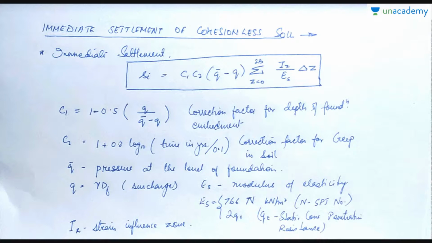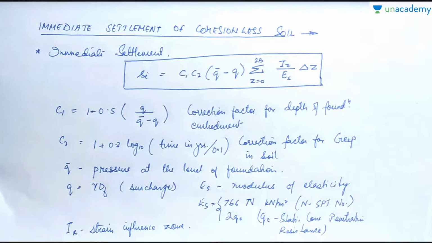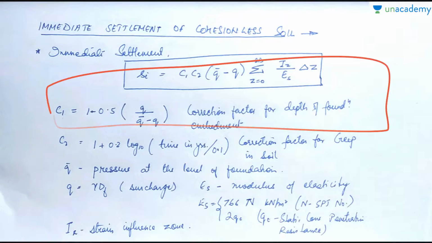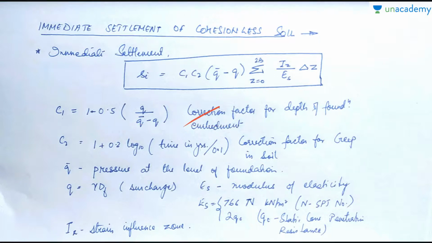Now, if your soil happens to be a cohesion-less soil, in that case, the formula for immediate settlement is like this. SI is equal to C1 C2 multiplied by (Q bar minus Q) into the summation, when Z goes from 0 to 2B, of IZ upon ES multiplied by delta Z. Now let's see what this indicates actually.